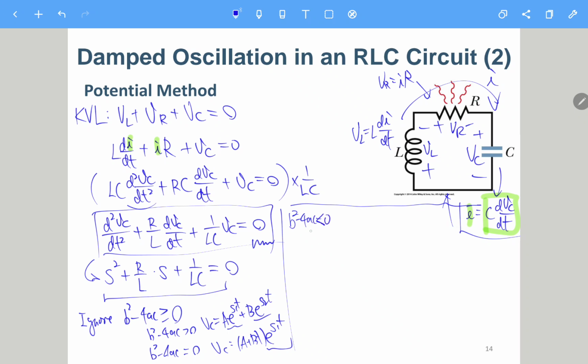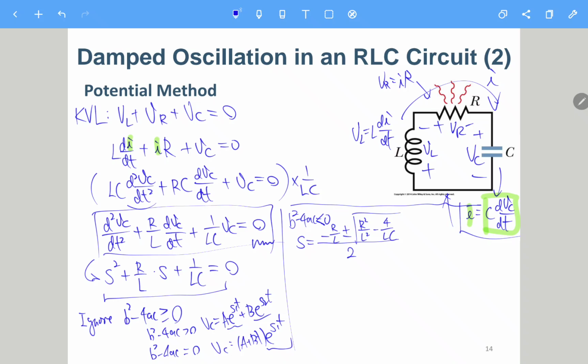Here, in that case, the solution will be over 2, and then here we have a negative R over L. Negative b plus or minus square root of b squared. b squared is R squared over L squared minus 4ac, like this.